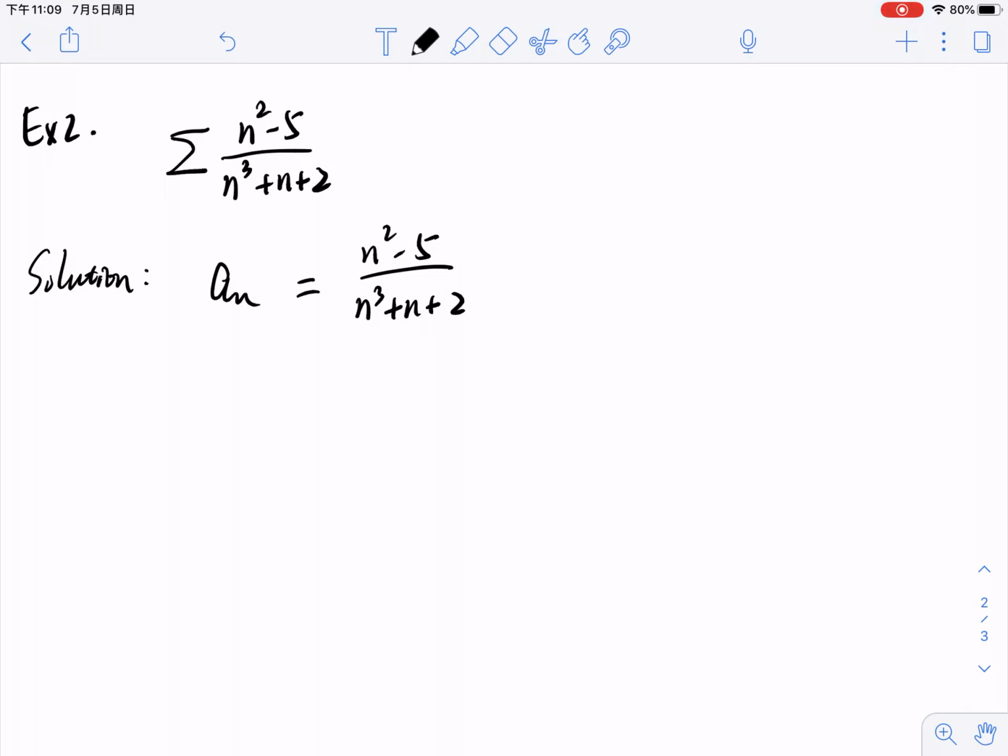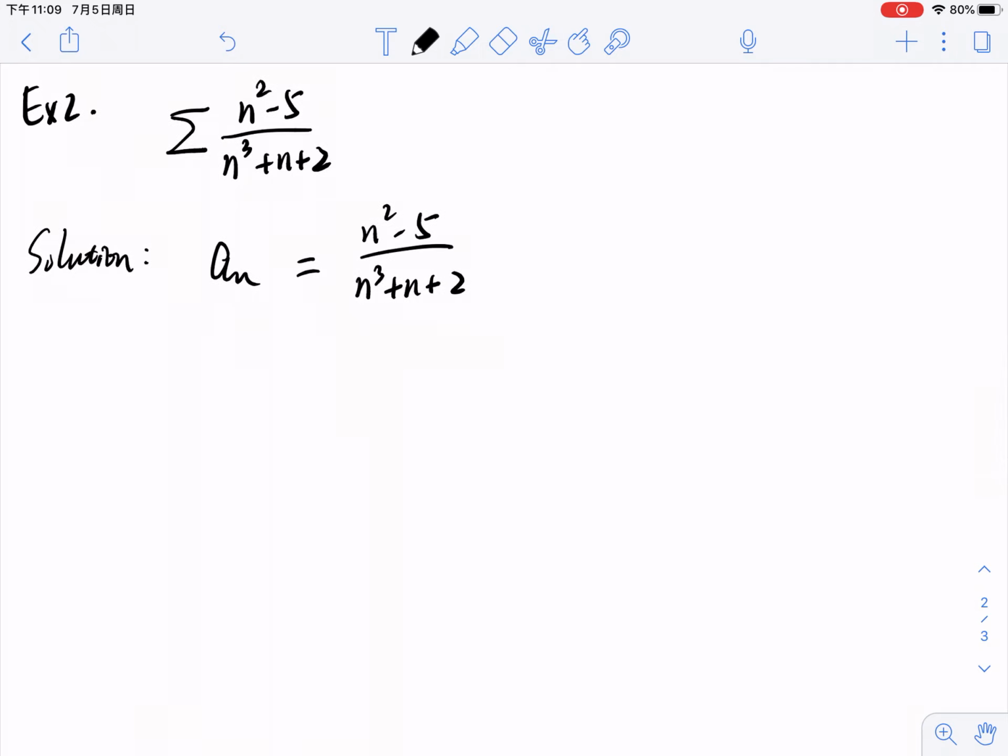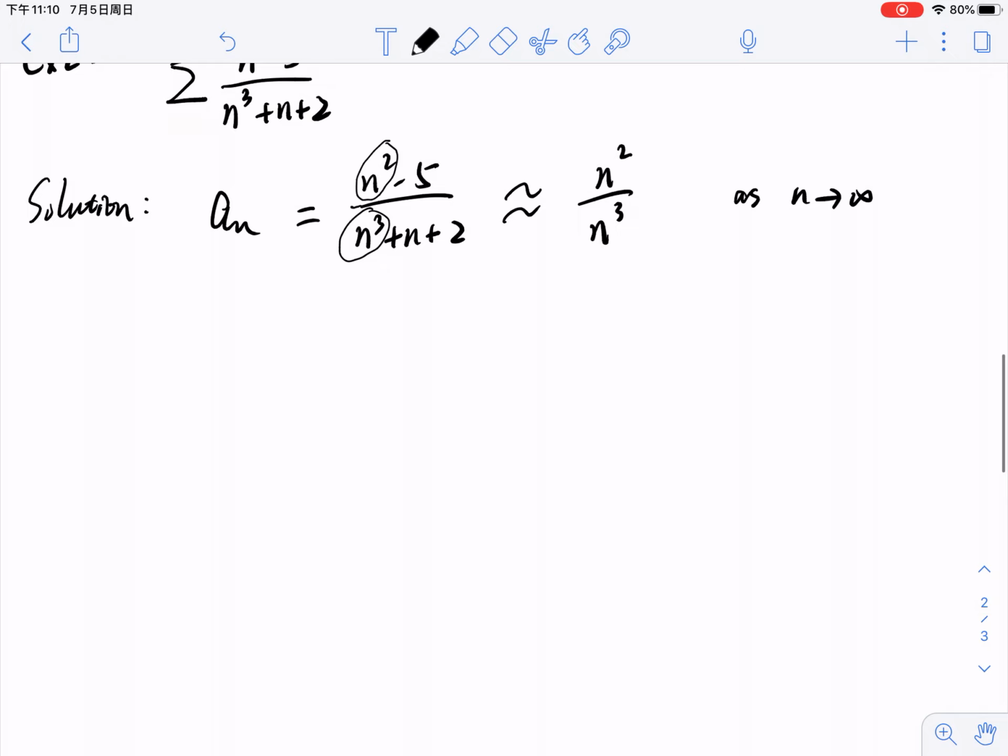If n is very large, the numerator is dominated by n squared and the denominator is dominated by n cubed. So an behaves like n squared over n cubed if n is very large. So we take bn is 1 over n.